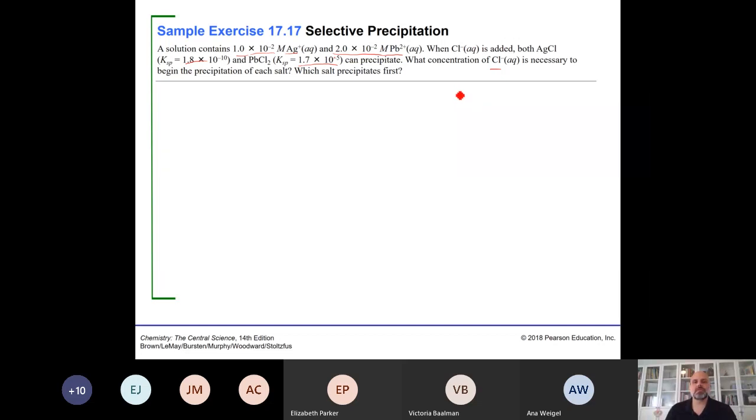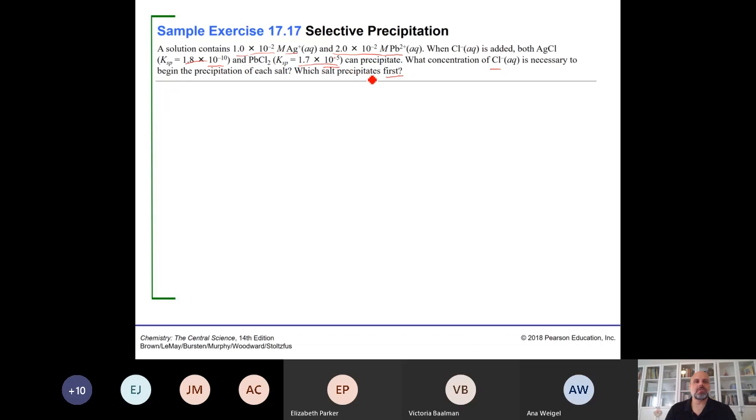If you think about it from a solubility perspective, which salt is going to precipitate first, this should be an easy question to answer. We just look at the KSPs, and you can see the solubility of silver chloride is much, much lower than the solubility of lead chloride.